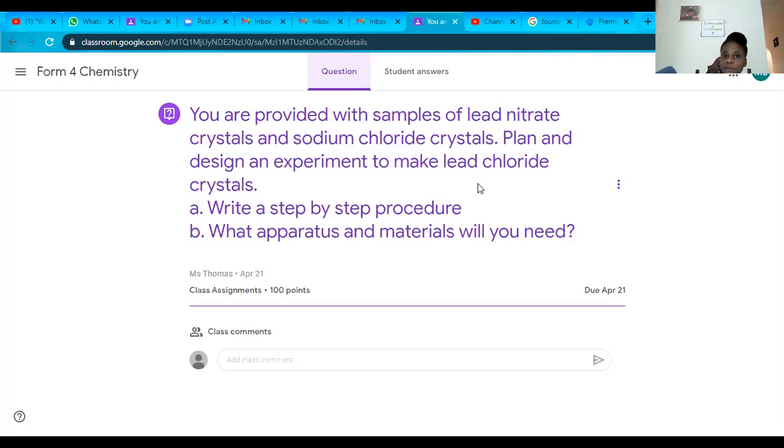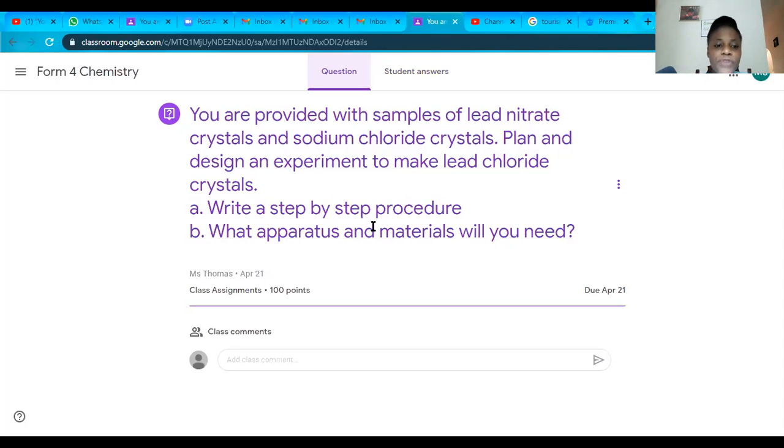So you get a soluble salt, lead nitrate, and you get sodium chloride, which is also soluble. And they're asking you to plan and design an experiment to make lead chloride. So you're making an insoluble salt, which is lead chloride. So you're going to write a step-by-step procedure and write what materials and apparatus you will need.